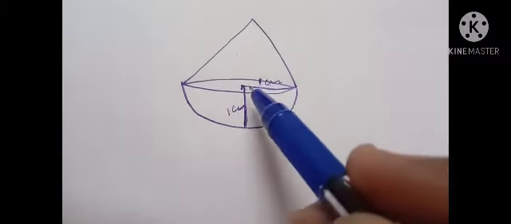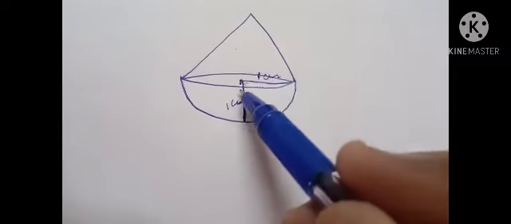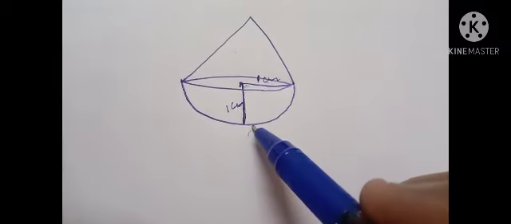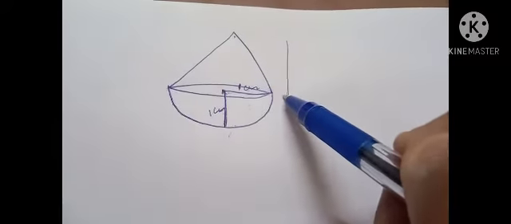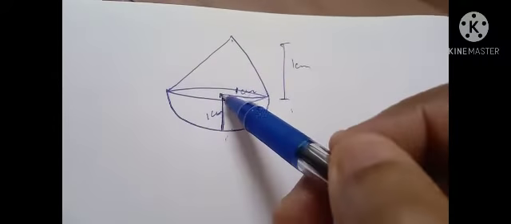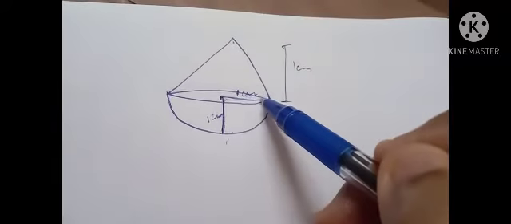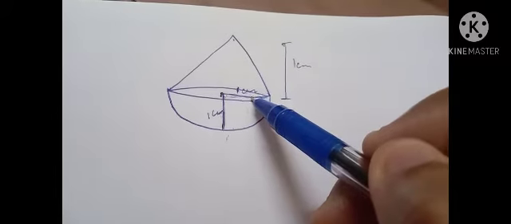Then it is already given that the height of the cone is equal to its radius, that means this height is also 1 centimeter. Then here we have to find the volume of this solid in terms of pi, so no need to give the value of pi.